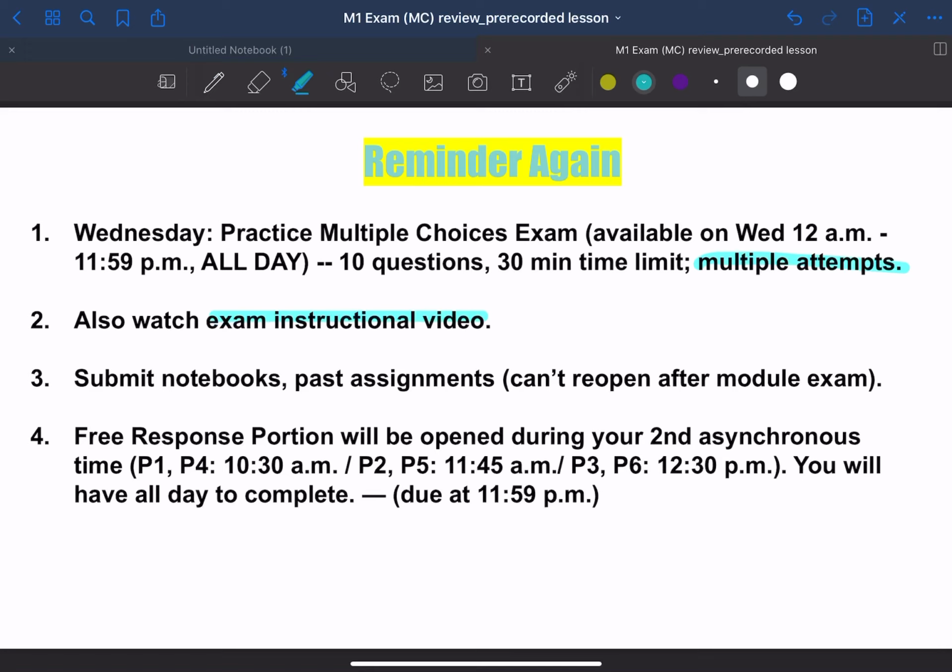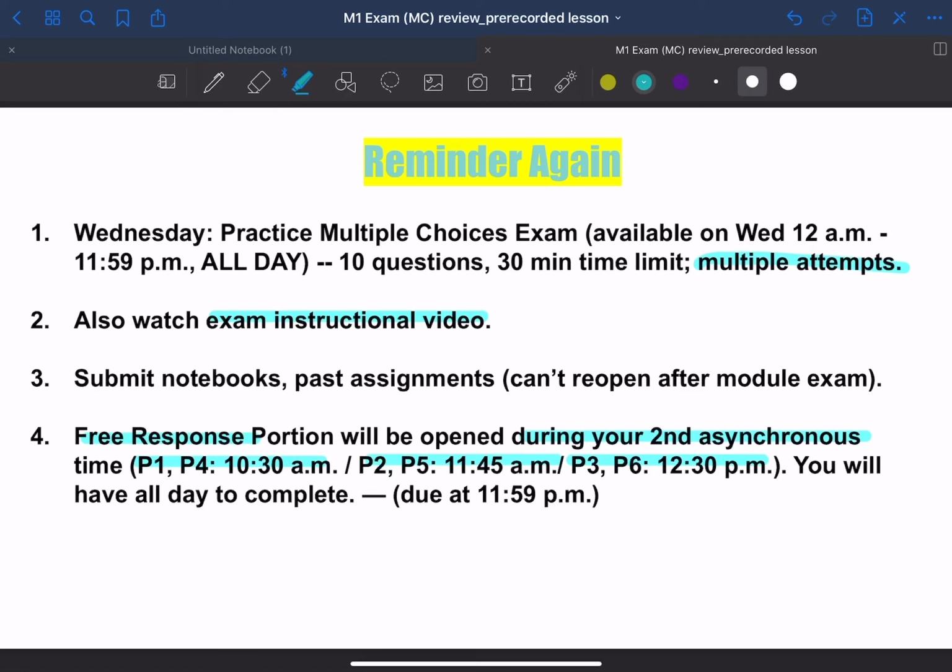Please submit your notebook, past assignments, because I can't reopen it after the test. And free response will be open during your second async time, which means after lunch. So first period and fourth period will be 10:30 a.m., second and fifth 11:45, third and sixth 12:30 p.m. Okay, so you will have all day to complete.